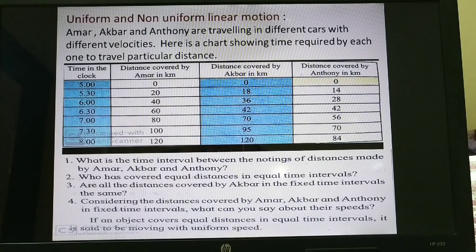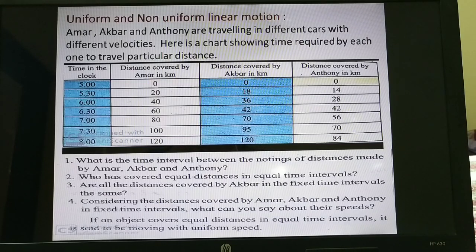After the next half an hour, that is at 6 o'clock, Amar was found at 40 kilometers, Akbar was at 36 kilometers and Anthony was at 28 kilometers. Now tell me, whose speed lowered?